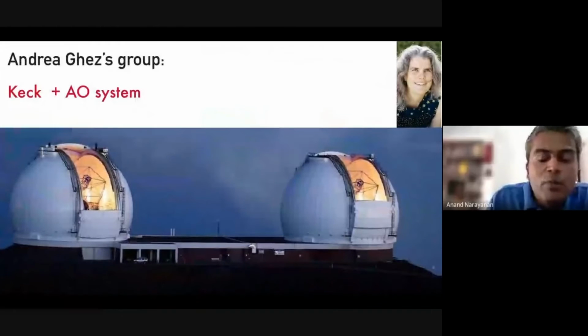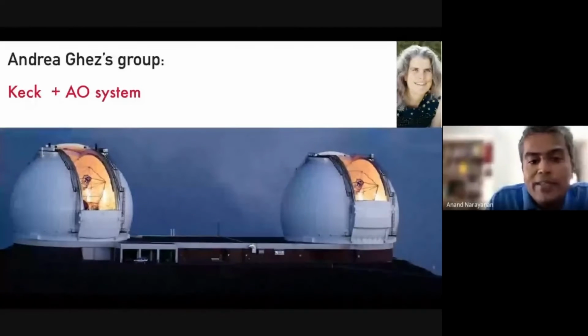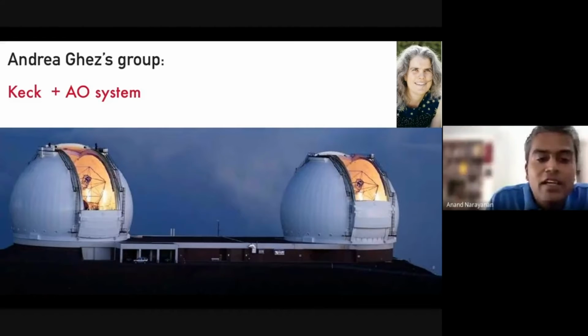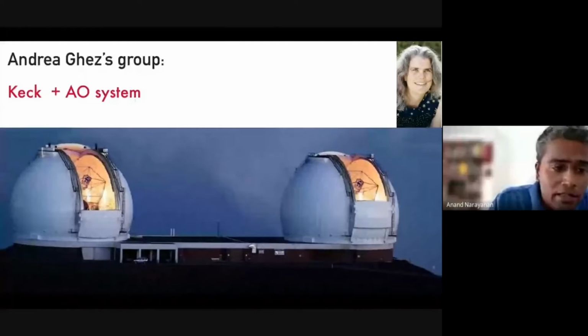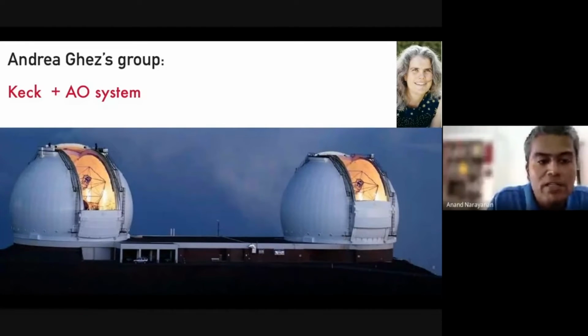Andrea Ghez's group were using these twin telescopes. These are called Keck telescopes, and they are at the summit of an extinct volcanic mountain called Mauna Kea in Hawaii, which is in the Pacific Ocean. Okay, so they have been using these telescopes, which are also fitted with adaptive optics systems. So these are some of the largest ground-based observatories available to astronomers equipped with adaptive optics systems.